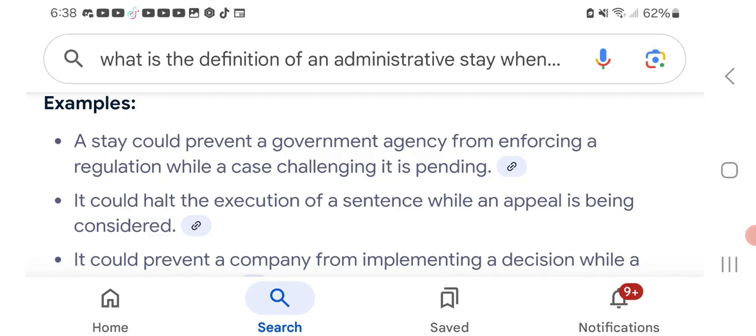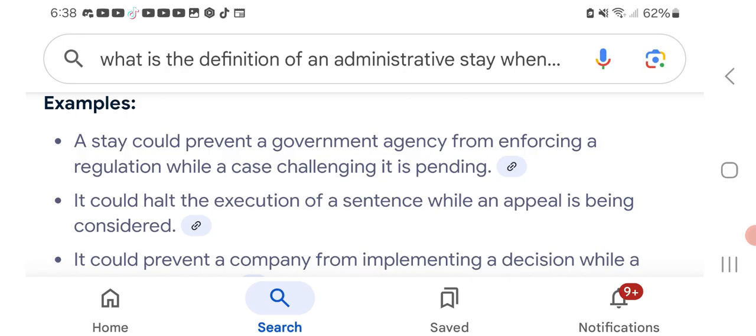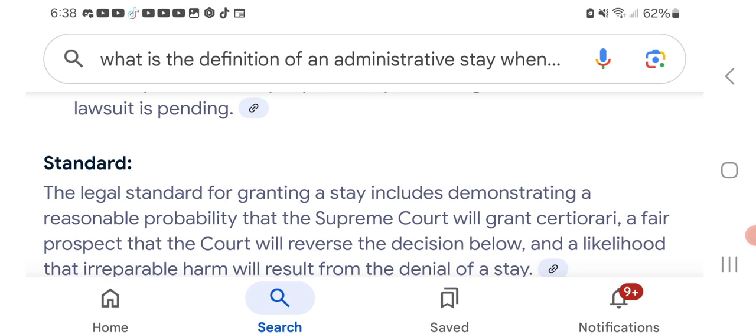It could halt the execution of a sentence while an appeal is being considered. It could prevent a company from implementing a decision while a lawsuit is pending.